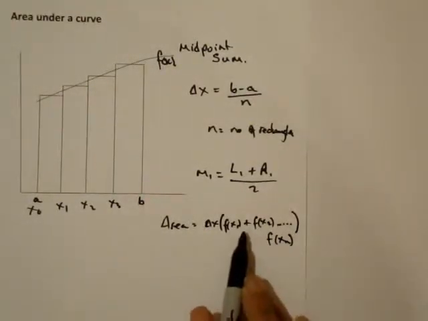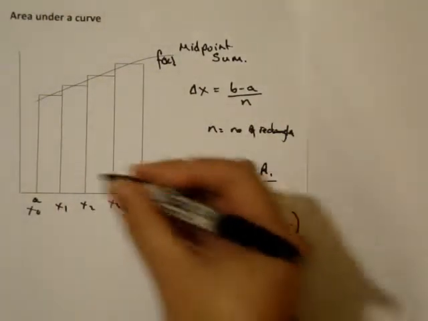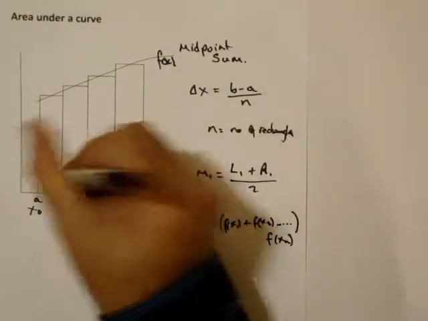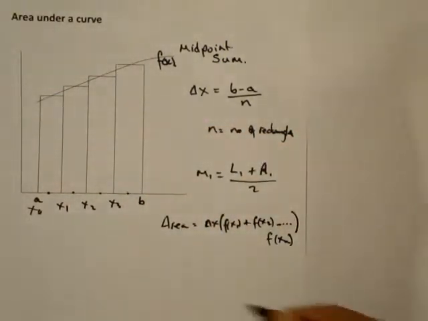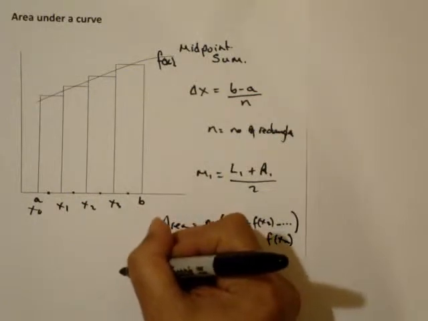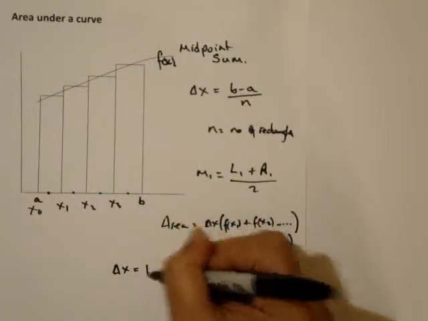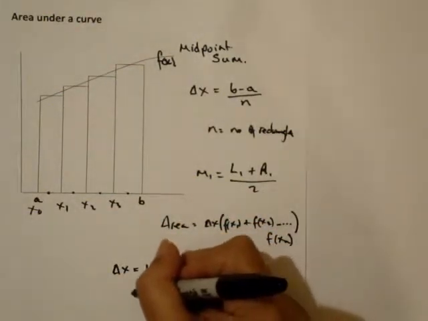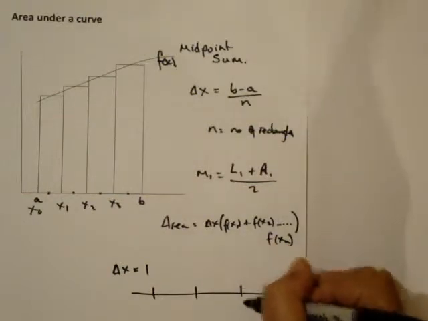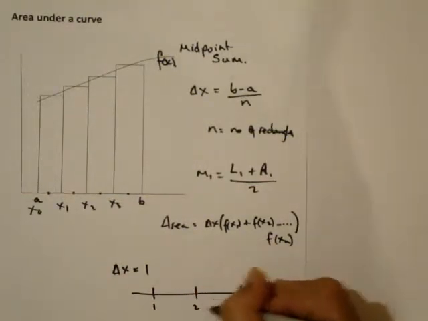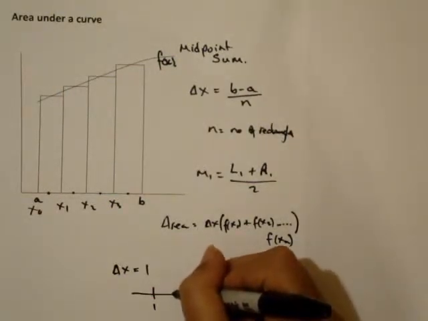And for these values we don't use x1 and x2, we actually use the midpoint formula to work out these points here. So say we had delta x equals 1, so we'd make a number line 1, 2, 3, and then work out the midpoint here.